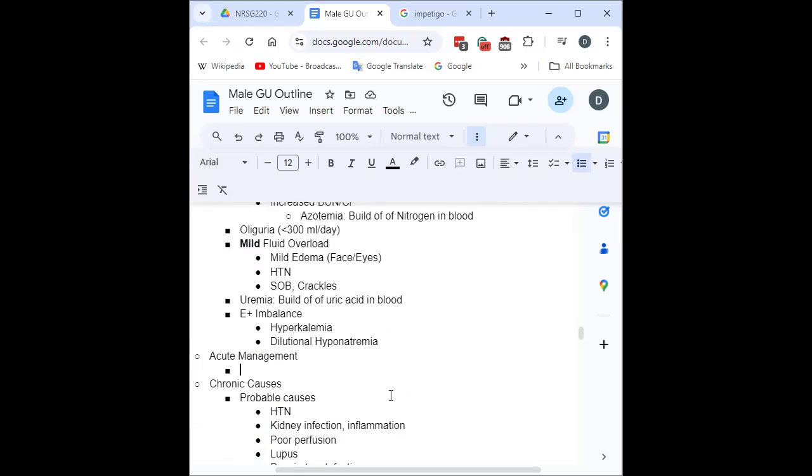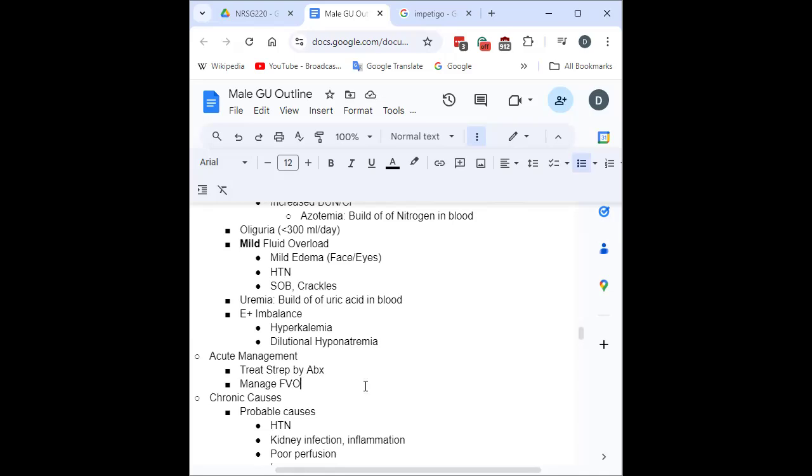I think they specifically talk about treating the strep, so treat strep with some antibiotics. You also want to manage fluid volume overload. You want to be careful with the fluids that are already going. You already have a mild fluid overload, and you don't want to make it worse.